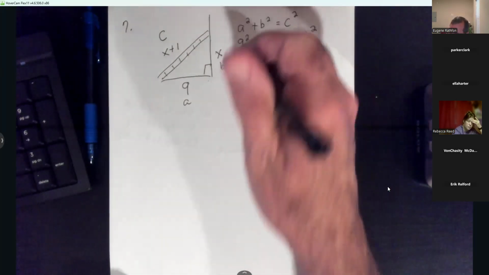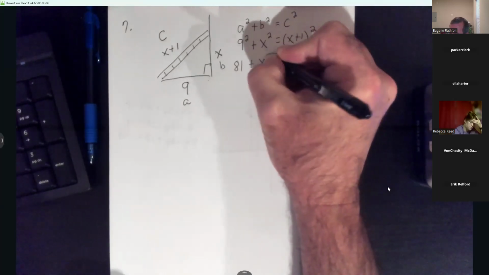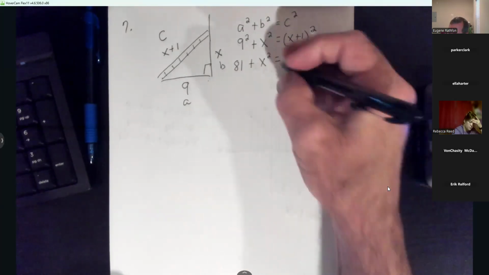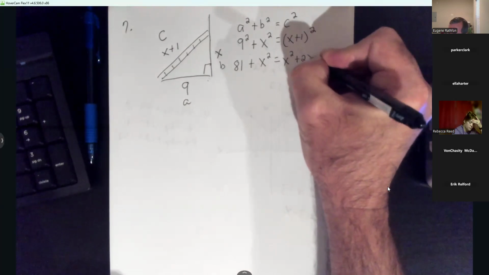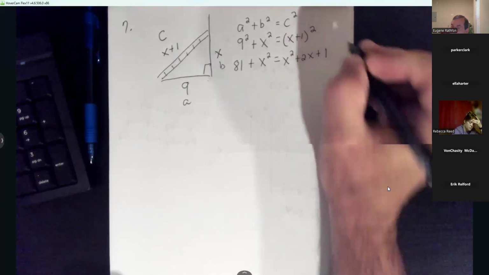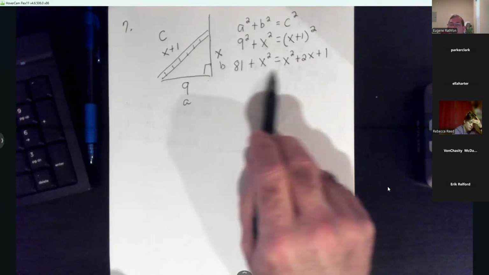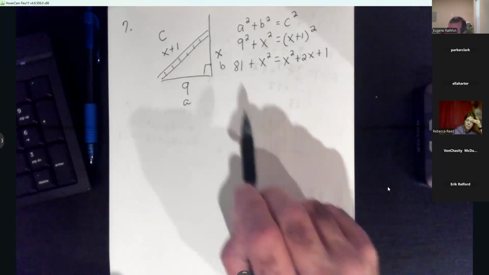All right, y'all, so working this out, 9 squared would be 81 plus my x squared. If you take the x plus 1 squared and FOIL it, you'll get x squared plus 2x plus 1. At this point, everything will be the same as mine other than the 81, okay?